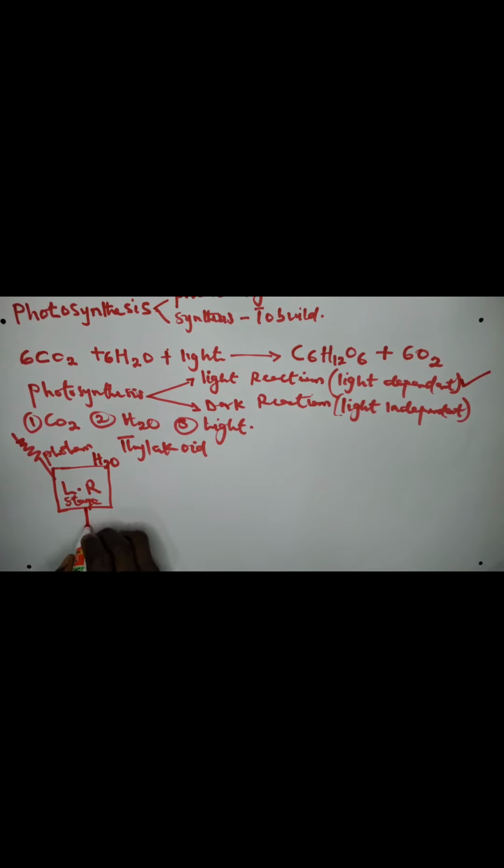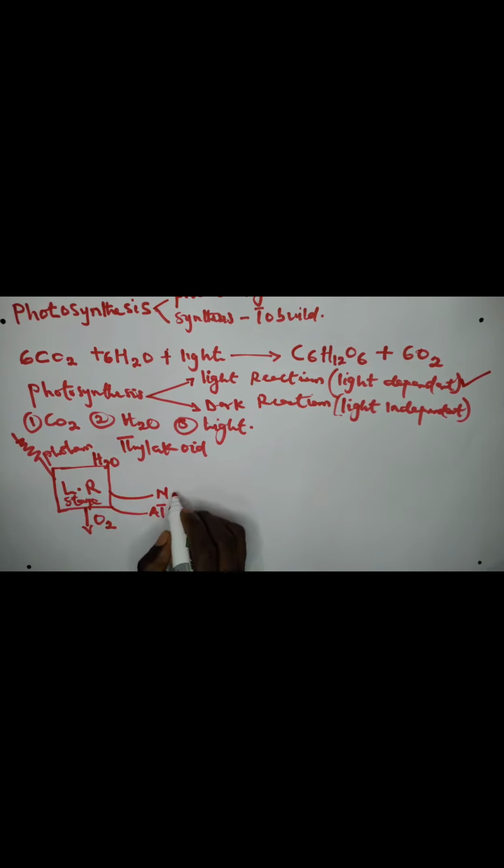And we have oxygen as our byproduct. Then we have the production of ATP from the light reaction. And we also have the production of NADPH, a coenzyme, also in the light reaction.